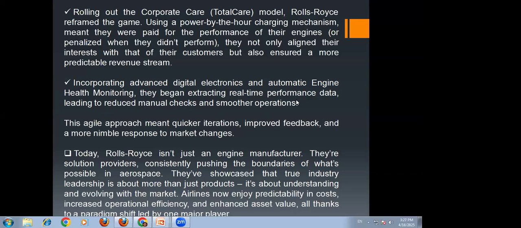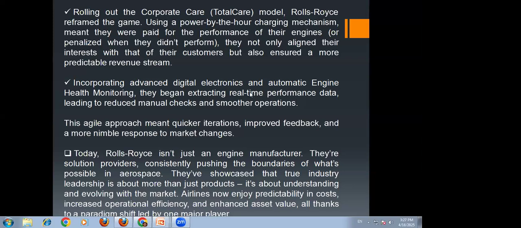Today, Rolls-Royce is not just an engine manufacturer, they are solution providers, consistently pushing the boundaries of what's possible in aerospace. They have showcased that true industry leadership is about more than just products, it's about understanding and evolving with the market. So airlines now enjoy predictability in costs, increased operational efficiency, and enhanced asset value.